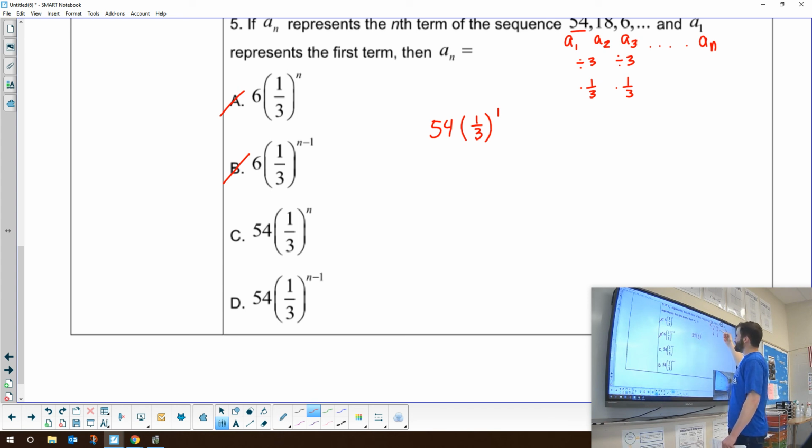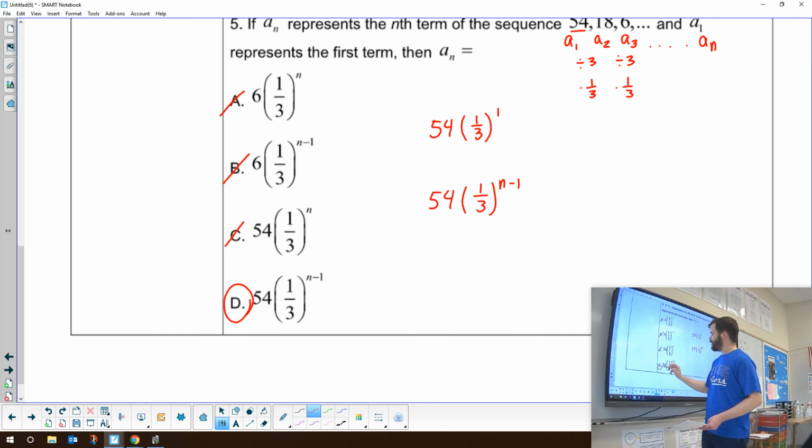So that one is actually not going to be the right answer. What we need to do is start off with 0 for the first one and then 1 for each one after that. So we're going to go 54 times 1/3 to the n minus 1. And that's going to help me set up and find that one for letter D.